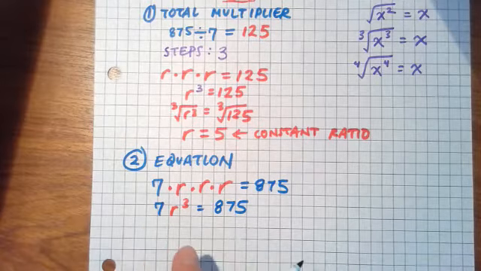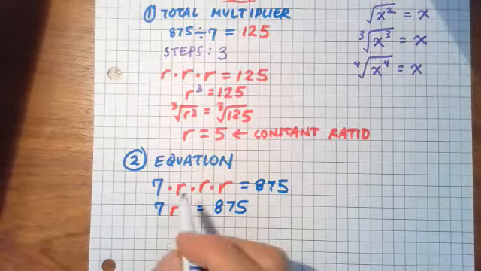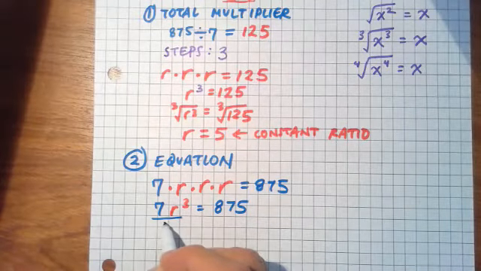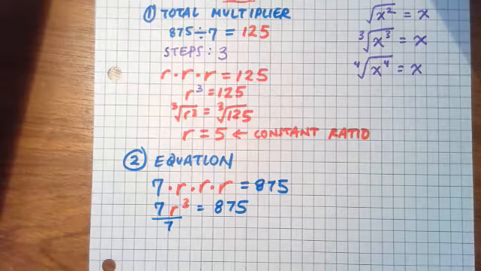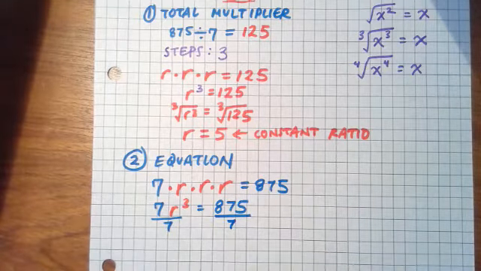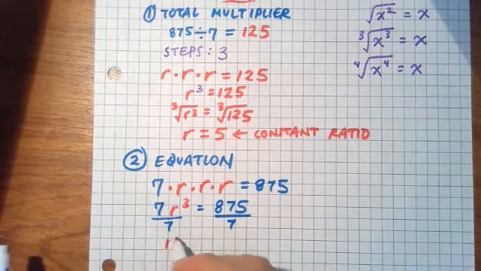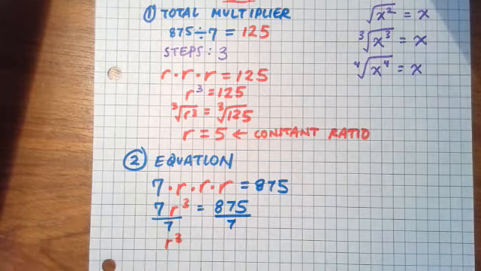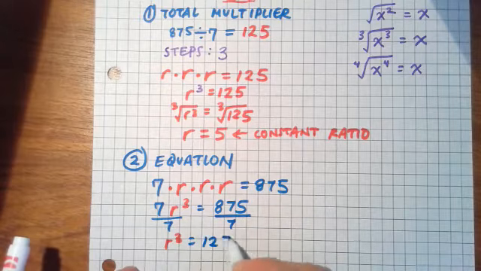The opposite of multiplying by 7 is dividing by 7. So I'm going to divide this side of the equation by 7. Got to keep it balanced, so I'm going to divide the right side of the equation by 7 as well. So then on the left, I'm left with r to the third power is equal to 875 divided by 7. That's 125. R to the third power is equal to 125.